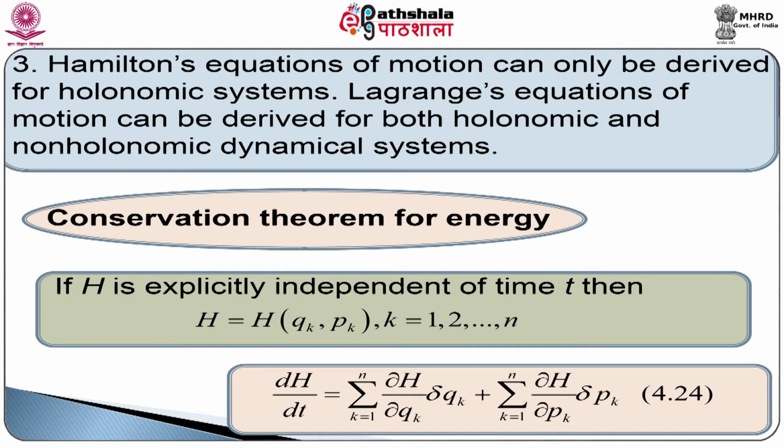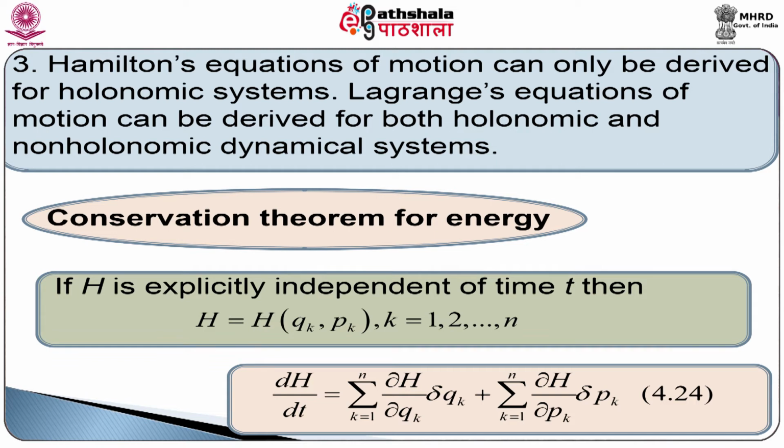Here there is no t as H is independent of time t, so t is absent in the Hamiltonian H. Qk is the generalized coordinate, Pk's are the generalized momenta corresponding to the generalized coordinate Qk of the given system.